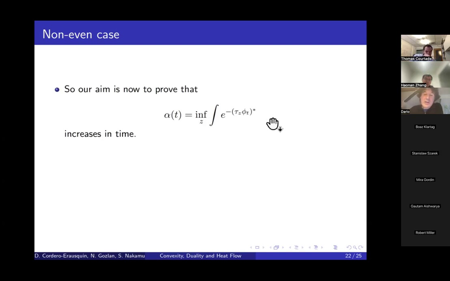Because if you take Fokker-Planck, then phi t will tend to the quadratic, and if phi t is just quadratic, and actually if phi t is even, it's easy to check that this infimum is indeed attained when z is equal to 0. So it will give you again the fact that the Gaussians are maximizers.